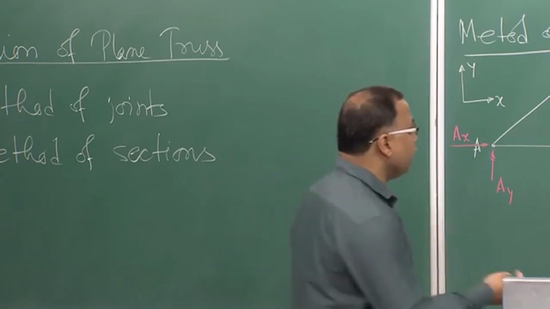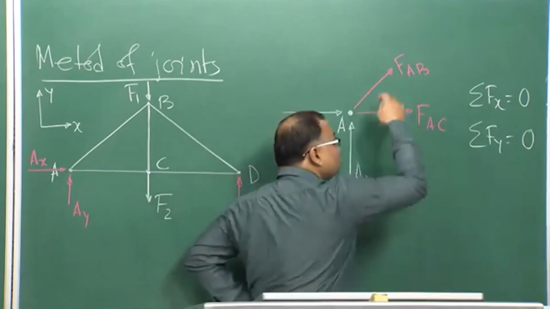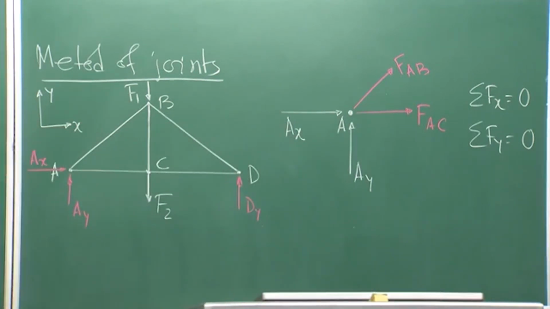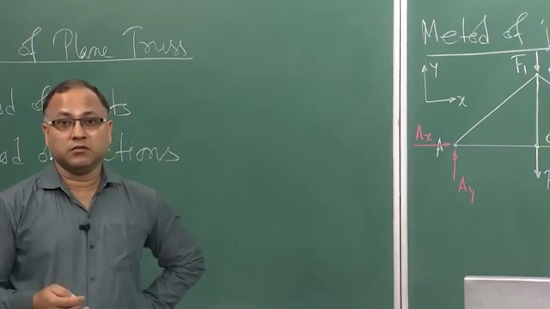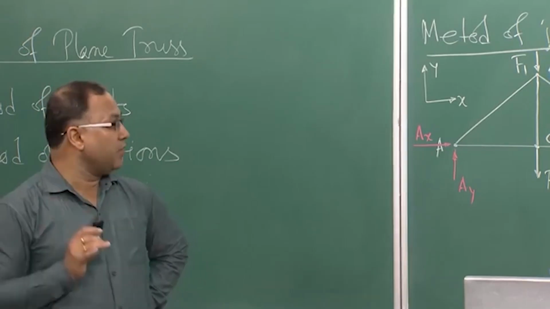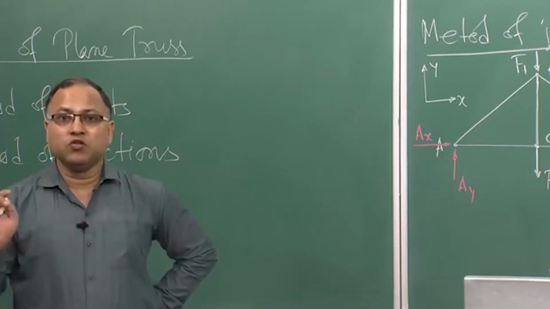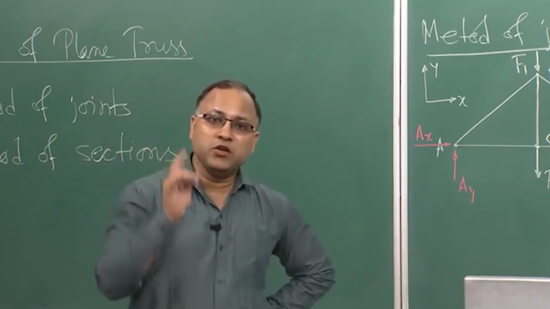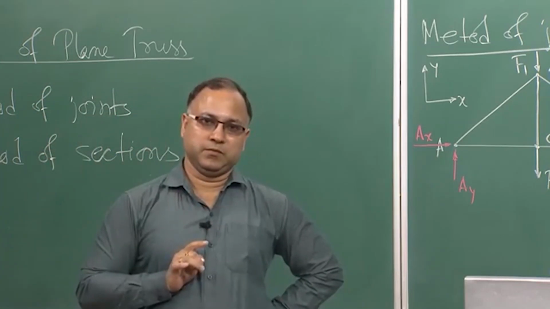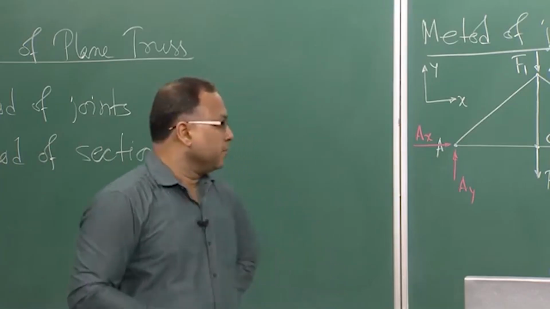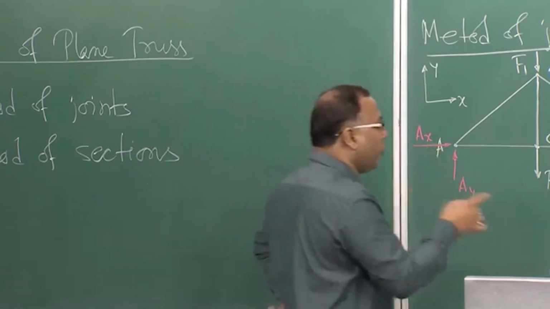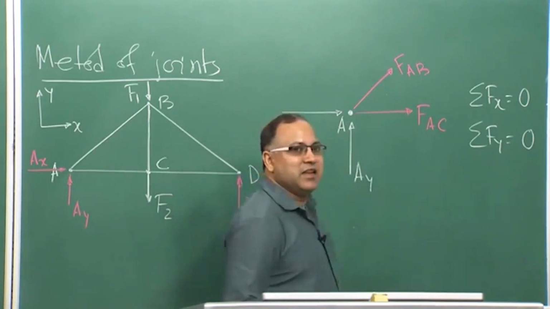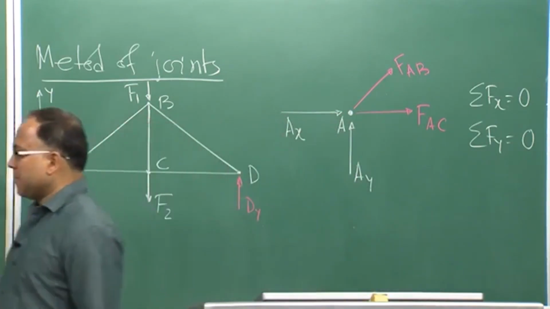And before obtaining these values, who is telling me that this should be coming out or coming in, right? The direction of FAB is completely unknown to me, because I do not know the magnitude, I do not know the direction of FAB, only I know the line of action of the force. So, now for understanding how you will select the direction, let us discuss one thing.